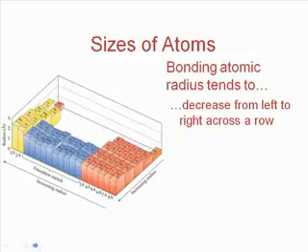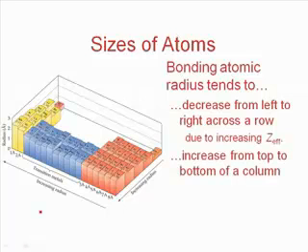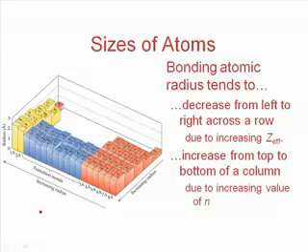So here is a little three-dimensional bar graph, and it's showing you the trends. As you can see, it's decreasing as we go across a row, and it increases as we go from top to bottom. All right, so let's look at the reasons behind this.